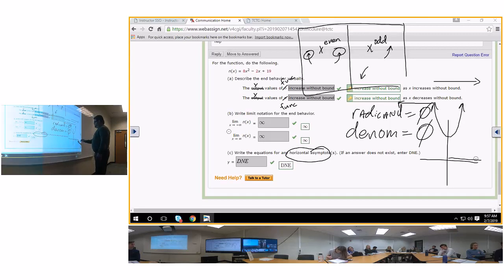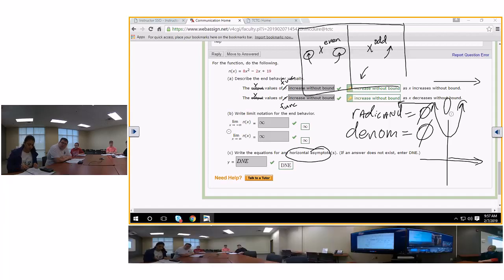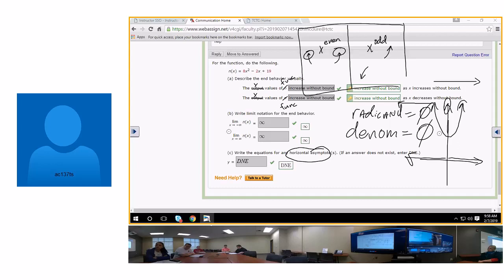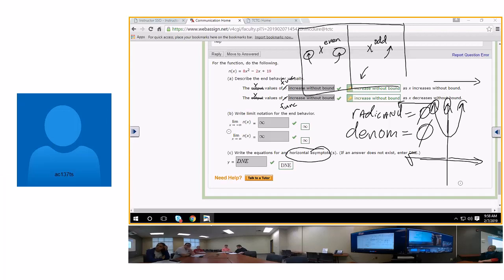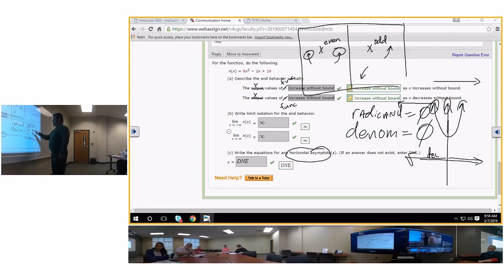As x increases this way, what's happening to your y? Increasing. As x goes this way, what's happening? It's decreasing. As x decreases, what's happening to y? Decreases. As x increases, what's happening to y?